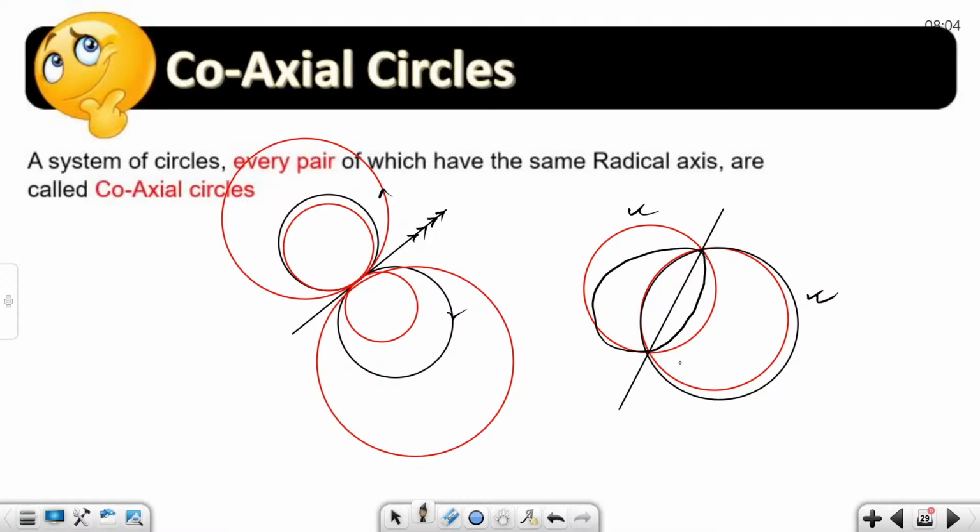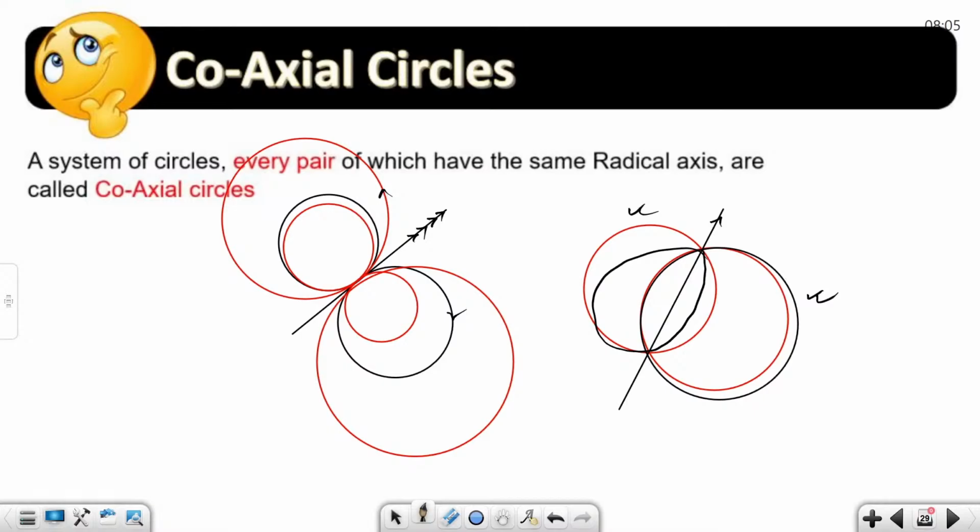But now, if you take any two of them in pairs, you are going to have the same radical axis. It means that these circles are what are called coaxial circles, in which every pair is going to have the same radical axis. Am I correct or not?